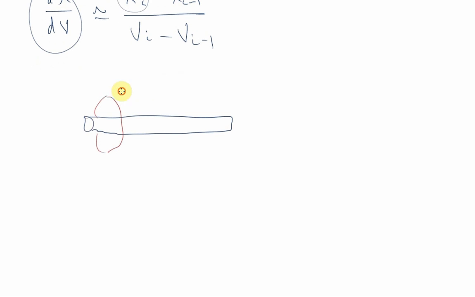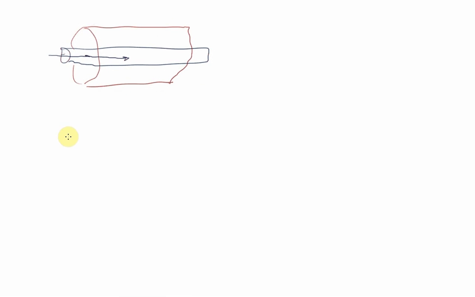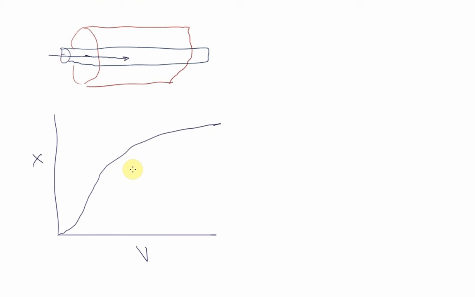then in this case, what we should do is say, well, if we are interested in the conversion up to some point in the tube, let's say we would like to produce a graph like this, right? We want to know how conversion is going to rise through that reactor.